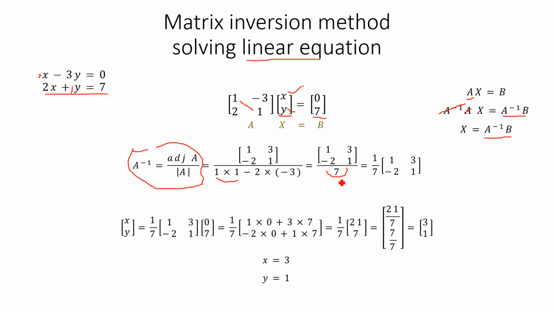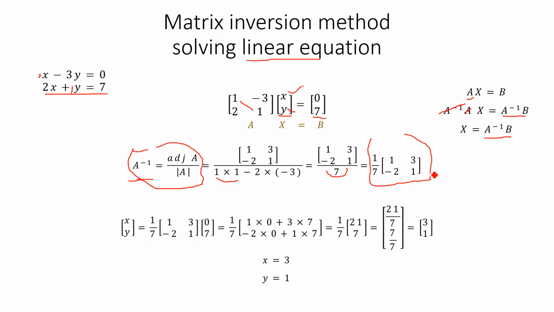If the determinant of any matrix is equal to 0, then dividing the adjoint of A by 0, the inverse is not possible, because dividing by 0 the solution is not possible. So here the determinant is equal to 7, so we can solve this, and we have A inverse is equal to 1 over 7 into 1, 3, minus 2, 1.